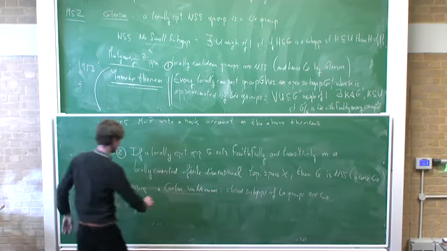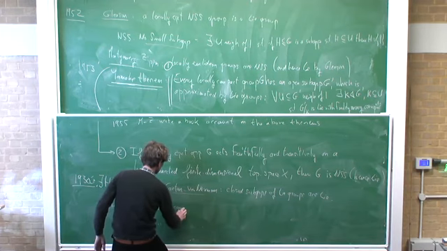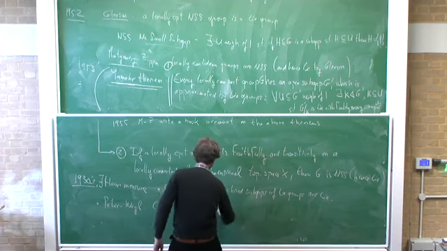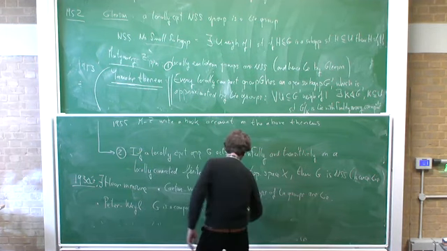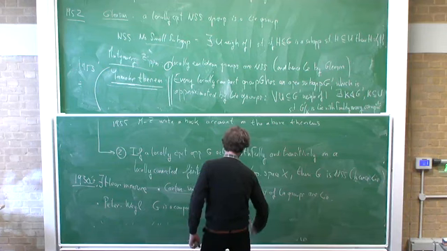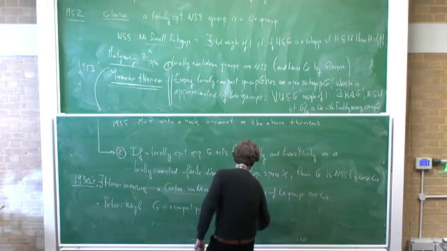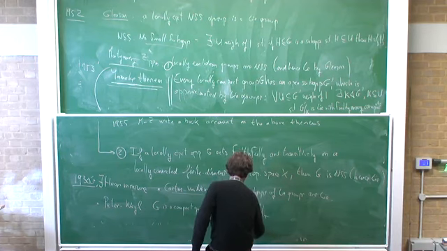It says that if G is a compact group, then, because you have a Haar measure, you can look at L2 of G. L2 of G is isomorphic to a Hilbert sum of representations.